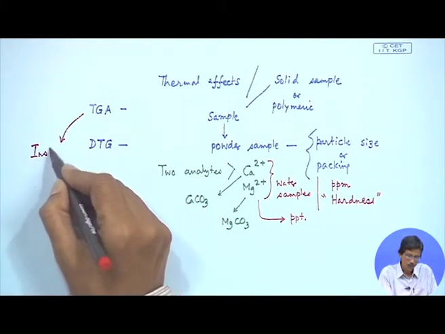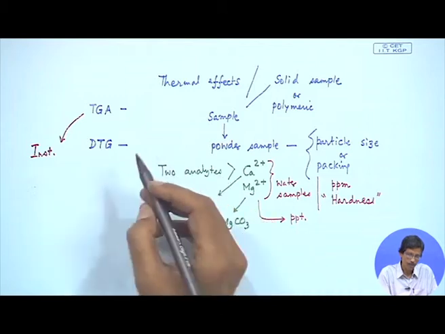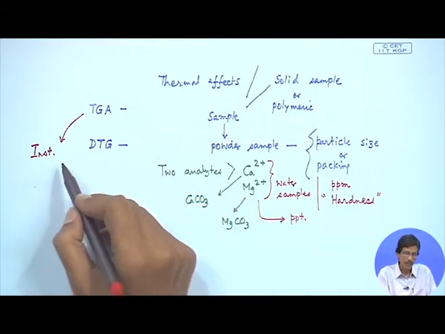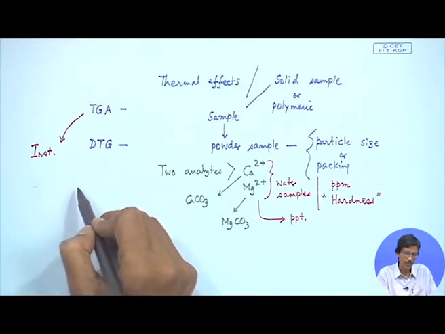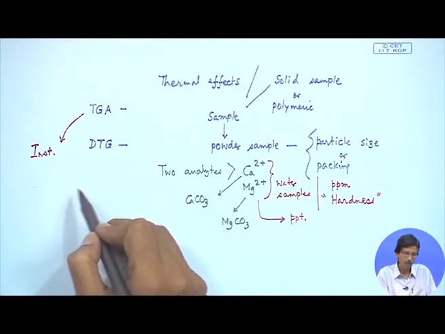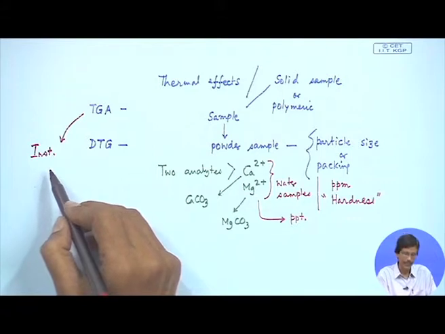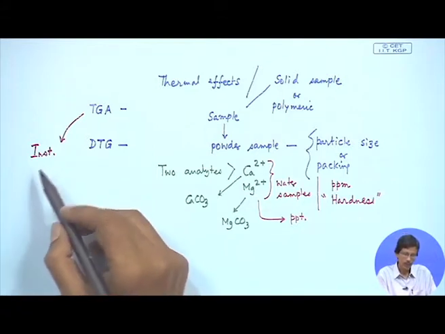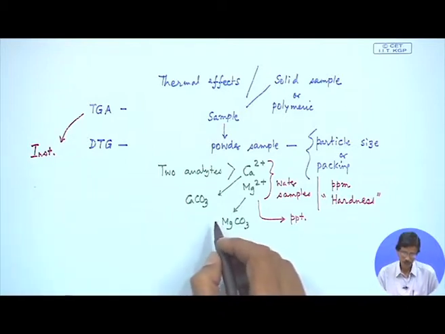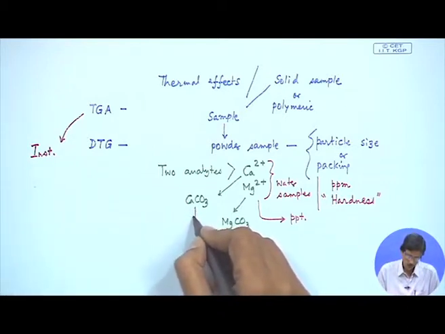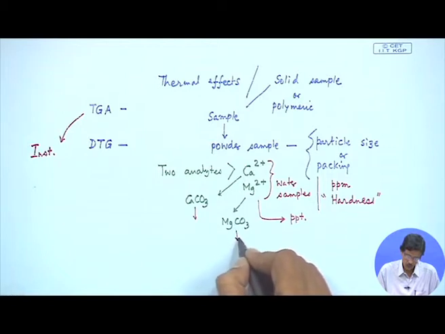So, if we have the instrument, it has to be standardized in terms of its change in mass or weight loss with respect to the temperature change, and how it is standardized for that particular sample, because if we have some well known sample, we know the corresponding weight losses.